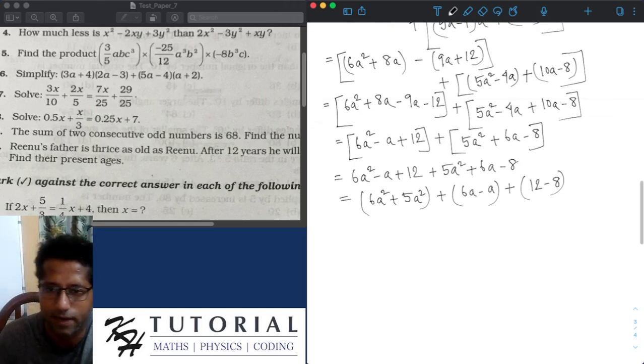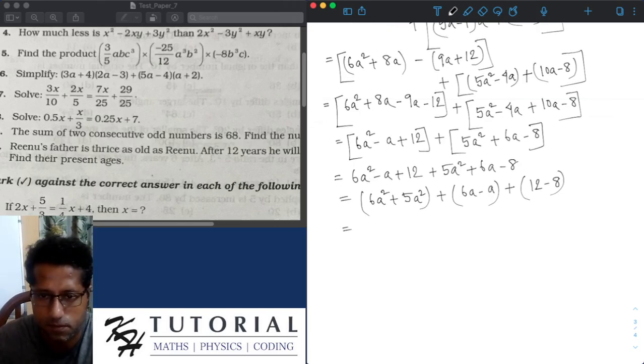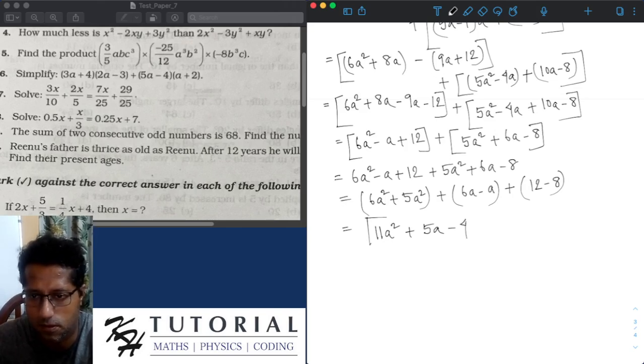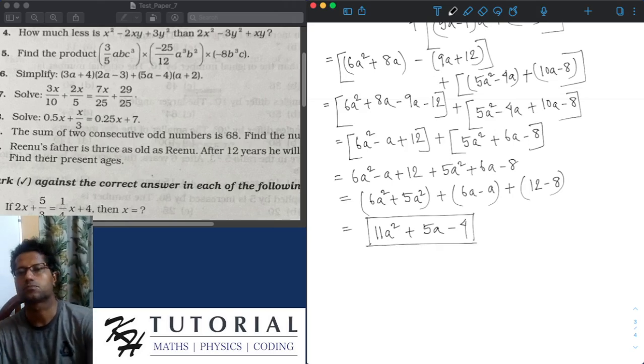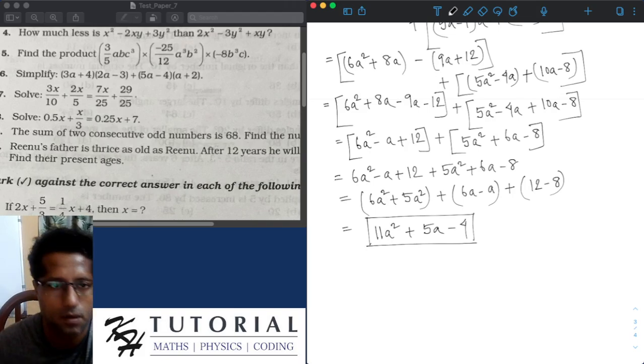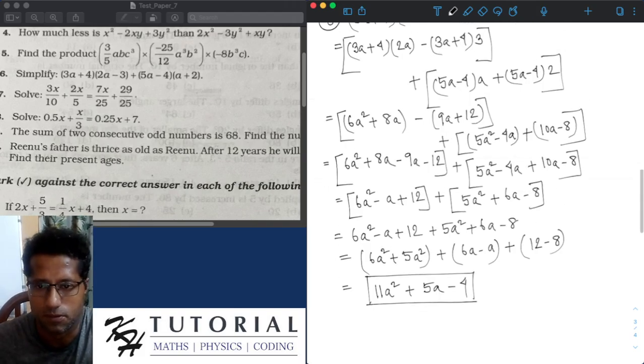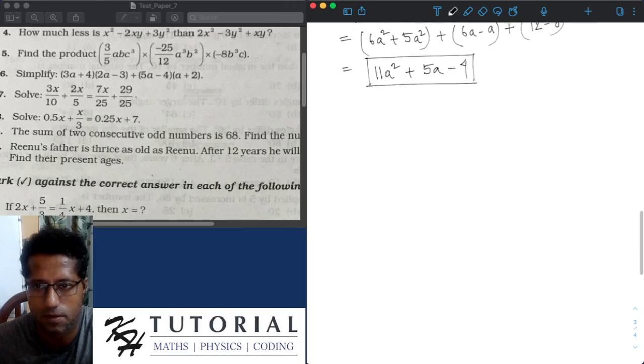After adding the like terms, 6a square plus 5a square is 11a square, 6a minus a is 5a, and 12 minus 8 is 4. So this is the simplified algebraic expression. Okay, this was question number 6. Let's do question number 7.